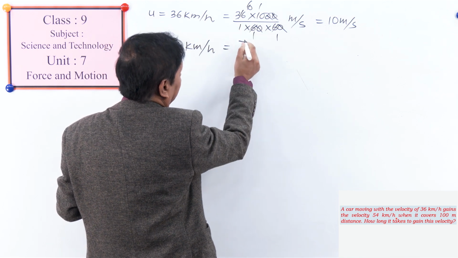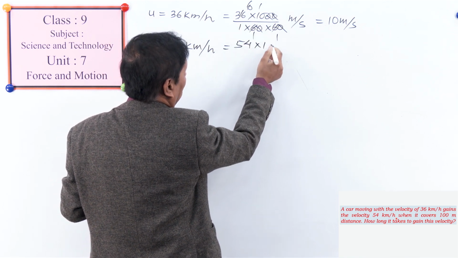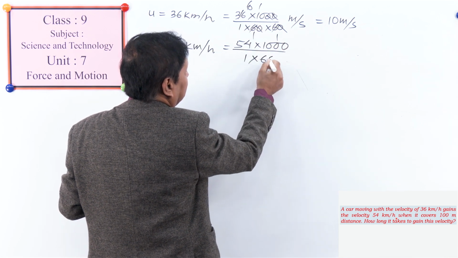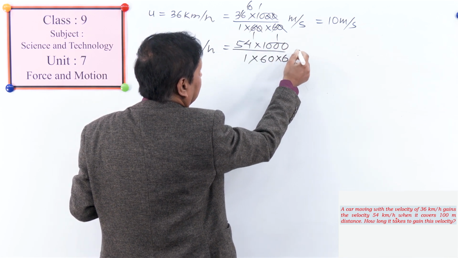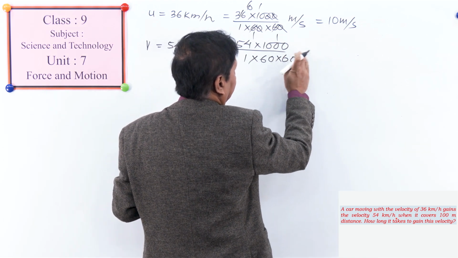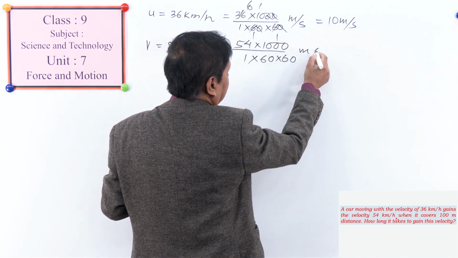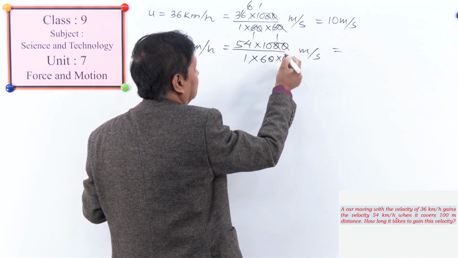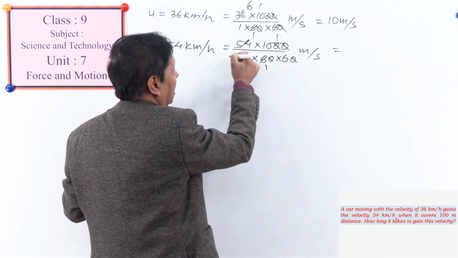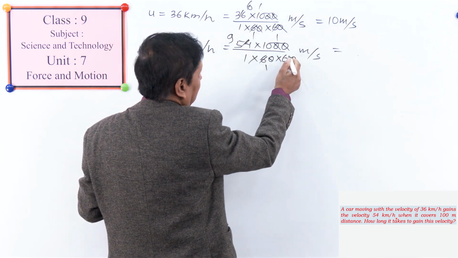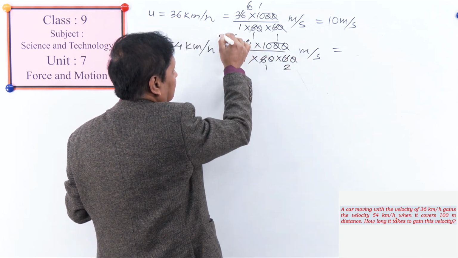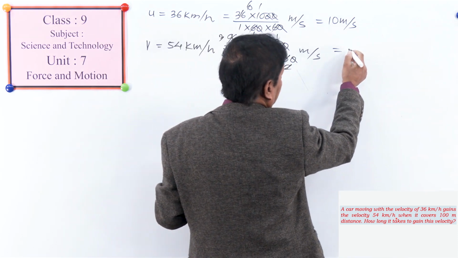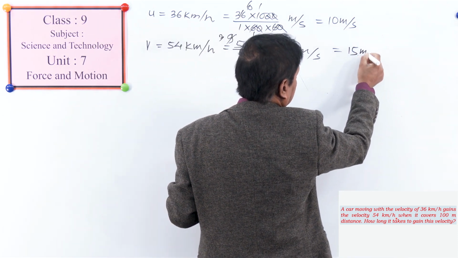The same method, 54 multiplied by 1000 divided by 60 into 60 gives meter per second. This is equal to 0 0 cancel, 0 0 cancel, 6 ones are 6, 6 nines are 54, and 3 twos are 6, 3 threes are 9, 2 fives are 10, 5 threes are 15. We have 15 meter per second.